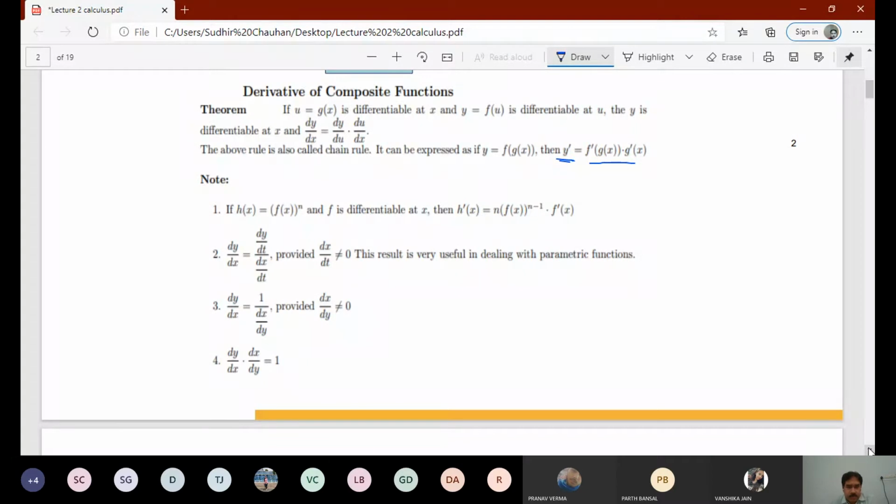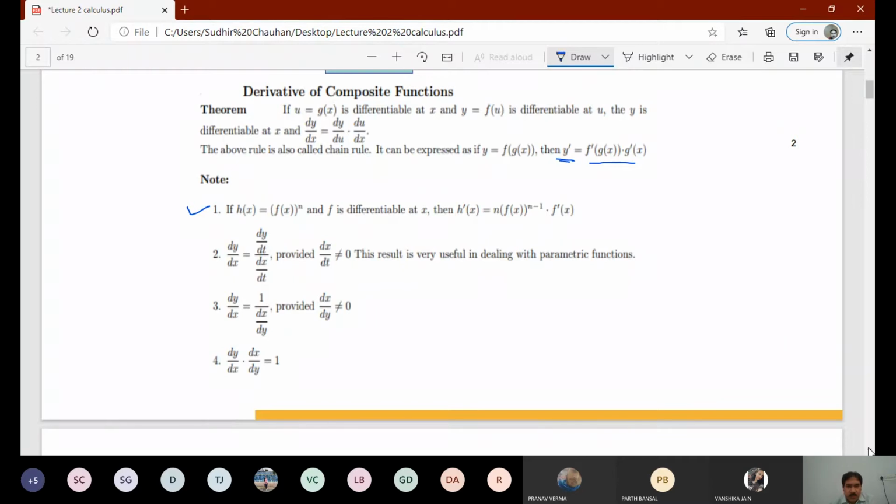So here we have some different cases. Number one, if h(x) is equal to f(x) raised to the power n and f is differentiable at x, then h dash x, where dash stands for differentiation with respect to x, is n f(x) raised to the power n minus 1 times f dash x.